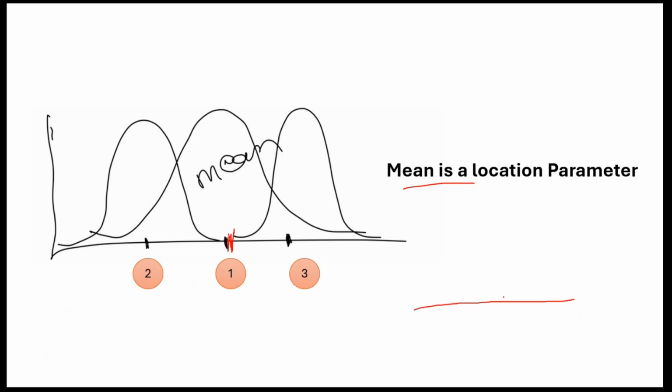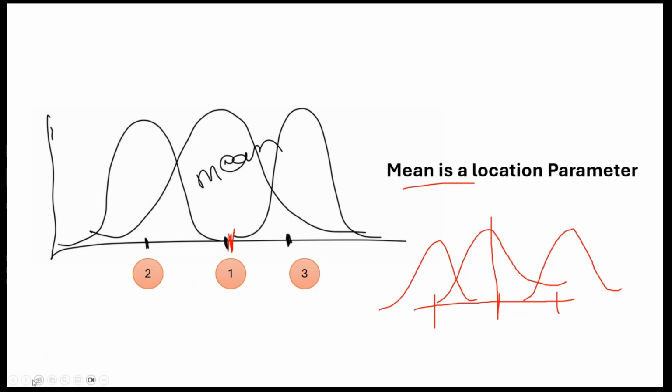If this is the mean, the curve will look like this. If the mean is moved to here, the curve will look like this. If the mean is moved to here, the curve will look like this. So it tells the location of the curve, where the curve is centered.